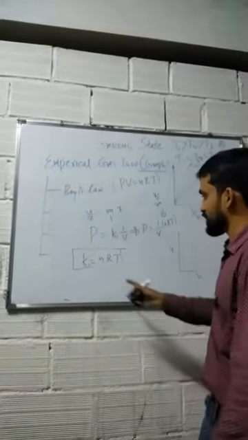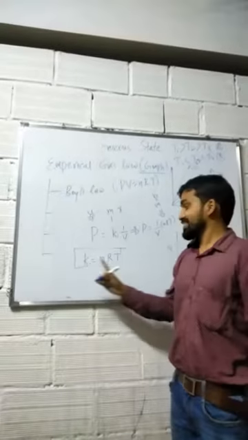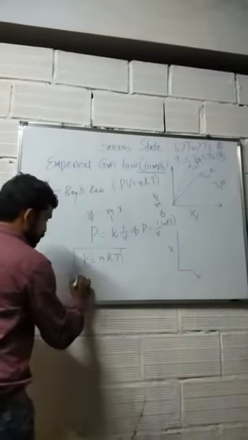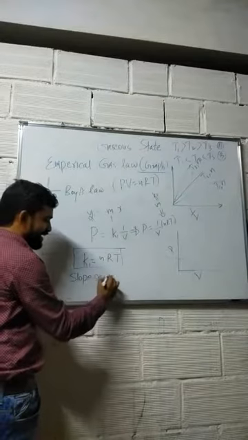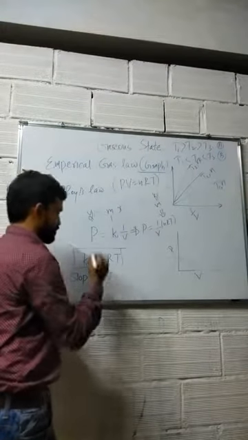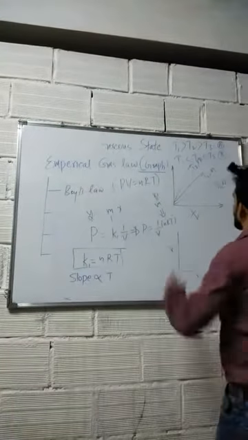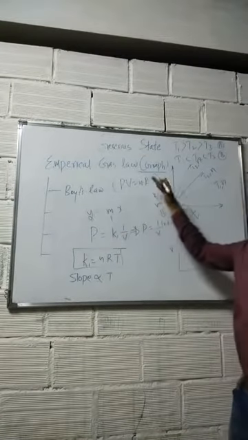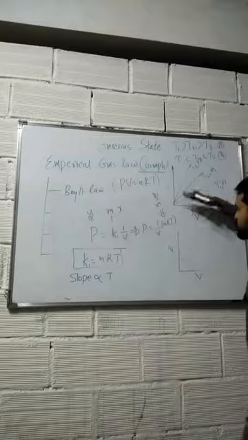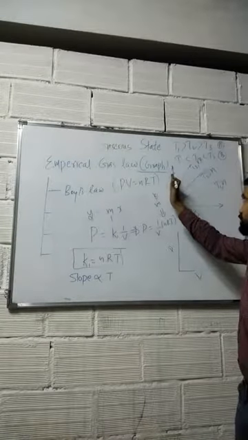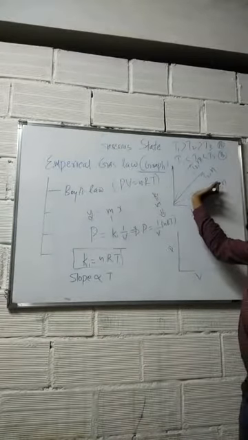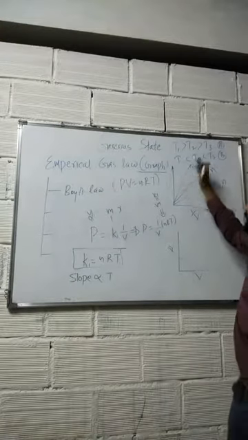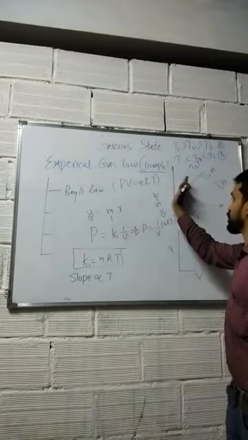What do you mean by this? Slope is equal to nRT. That is, slope is directly proportional to T. So in this case, where is the maximum slope? This is zero slope, and one has the maximum slope. With respect to these three, you can say that this is having the highest slope.